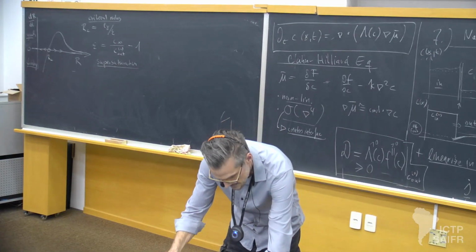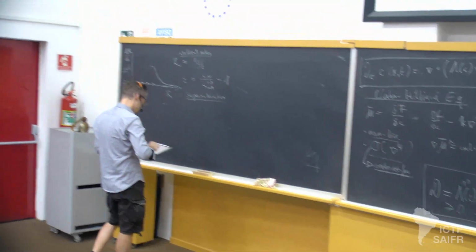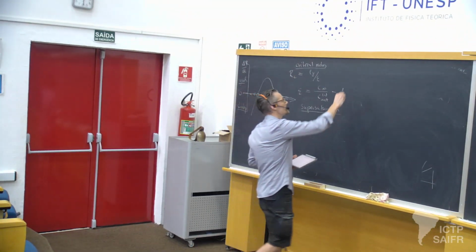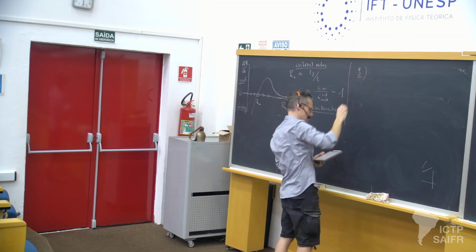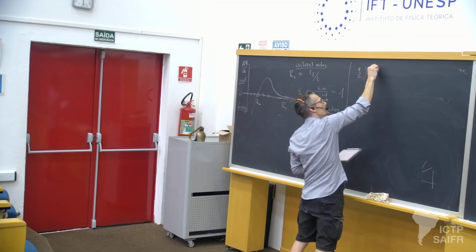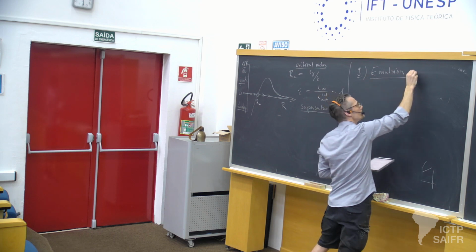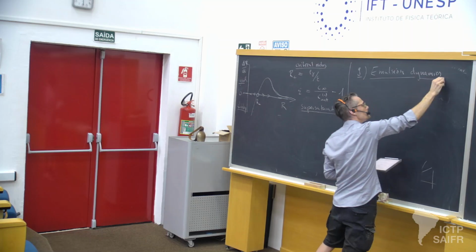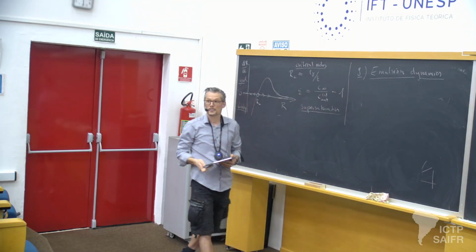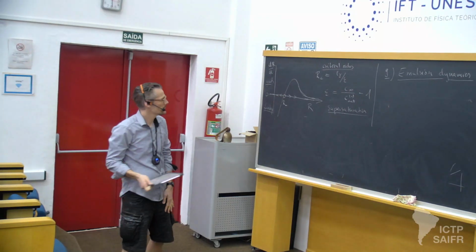So, last thing, and then we're done. This allows us to have a very simple-minded approach to an emulsion. An approach you could put in your computer right after the lecture, if you like.